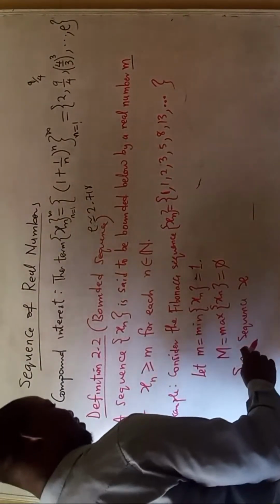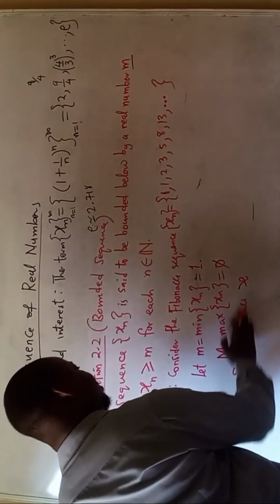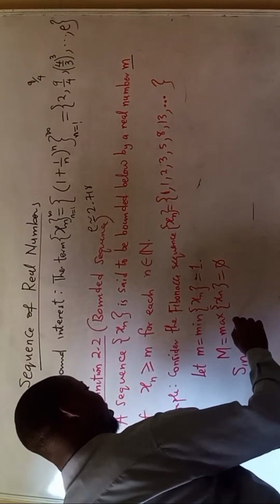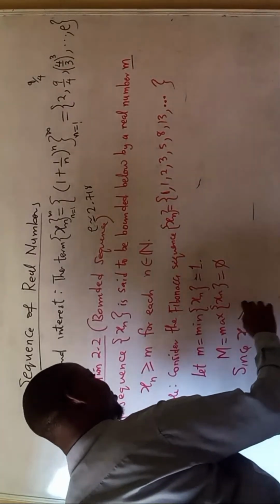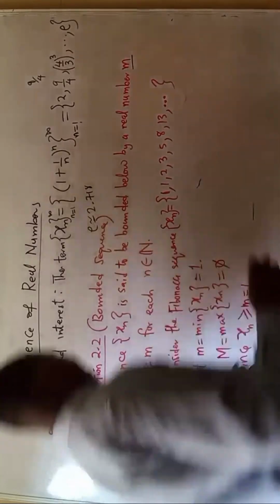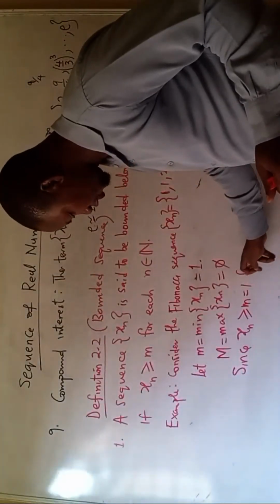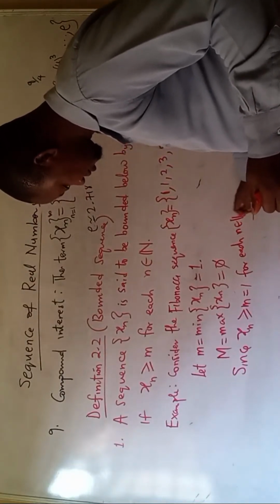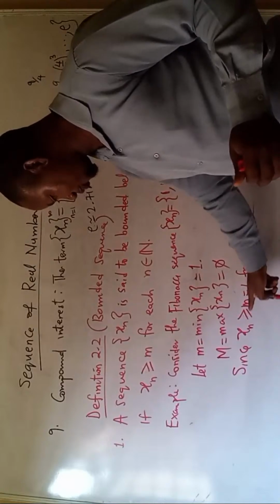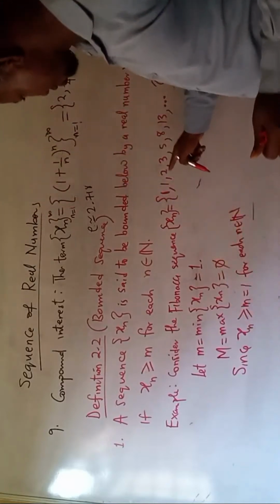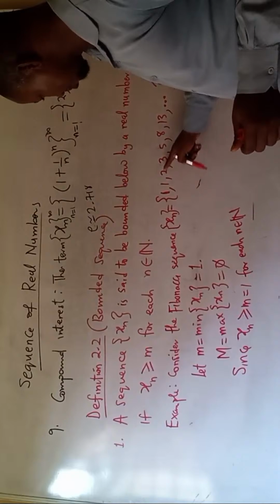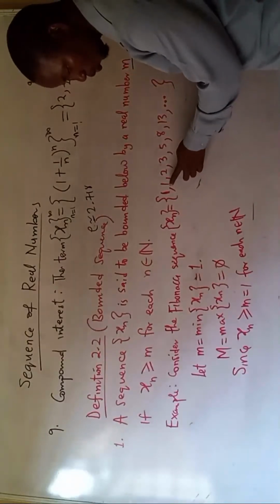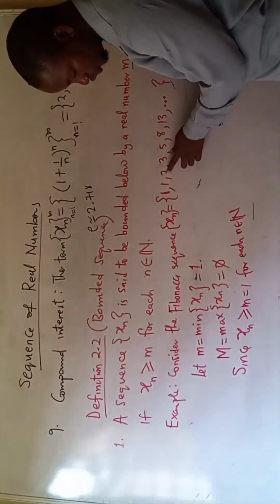Since the sequence xn is greater than or equal to 1, for each n you pick in this sequence, any number here is at least 1. When n is 1, 1 is equal to 1; when n is 2, 2 is more than 1.